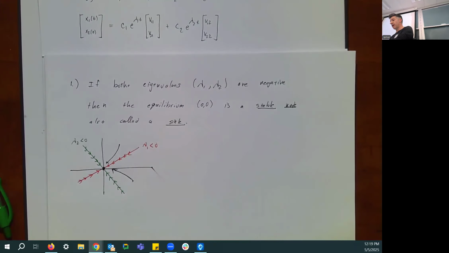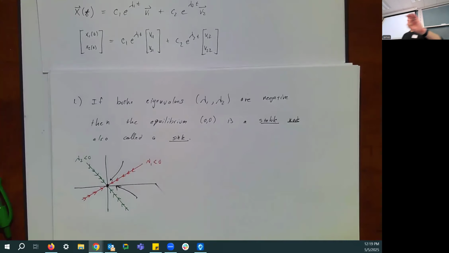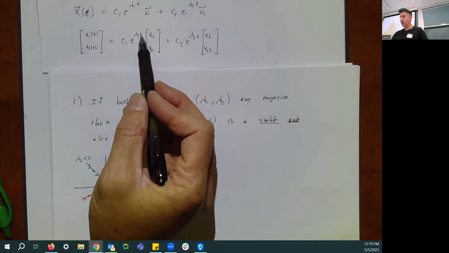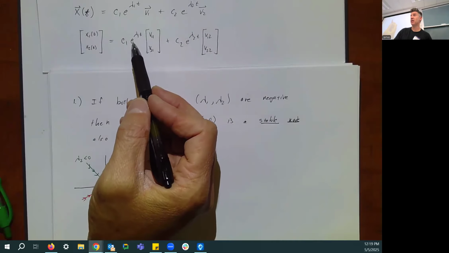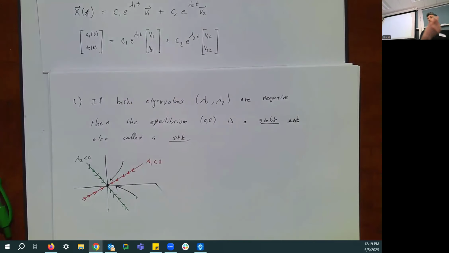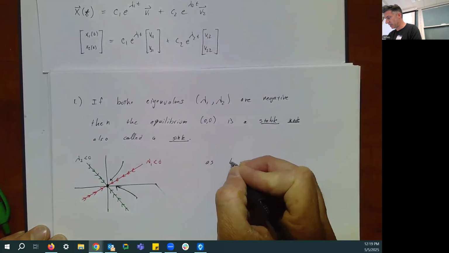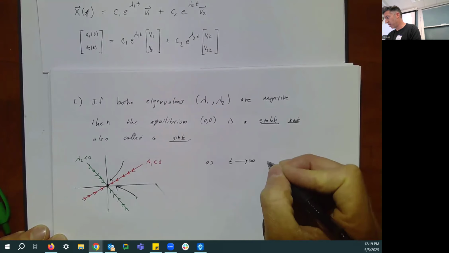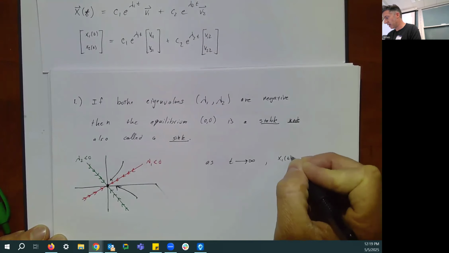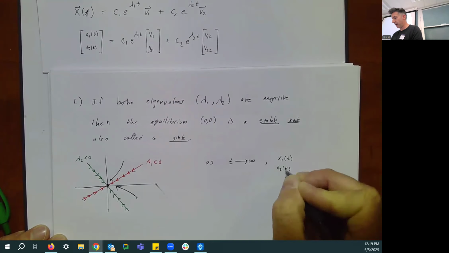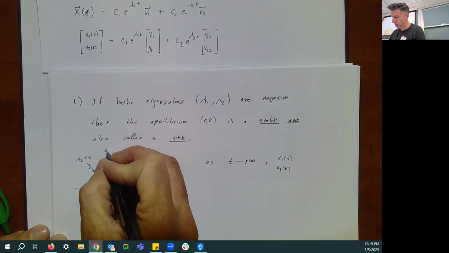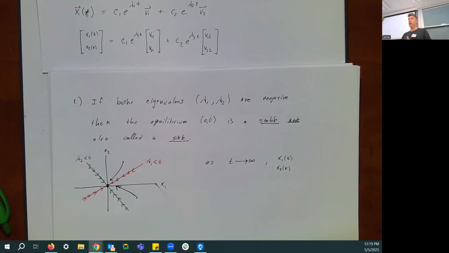And I will say again, the reason this is true is if your eigenvalues are negative, your e to the negative something times t is going to get closer and closer to 0 as t gets larger and larger. So the whole thing that's happening here is that as t goes to infinity, both x1 of t and x2 of t, whatever the x1 and x2 coordinates happen to be, get closer and closer to 0 as time goes on.